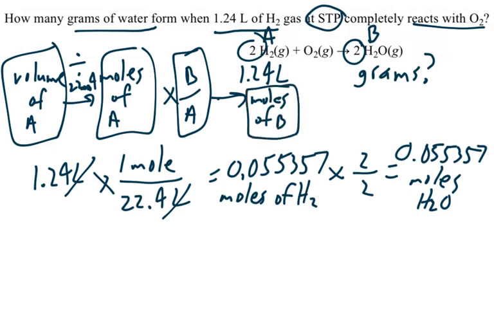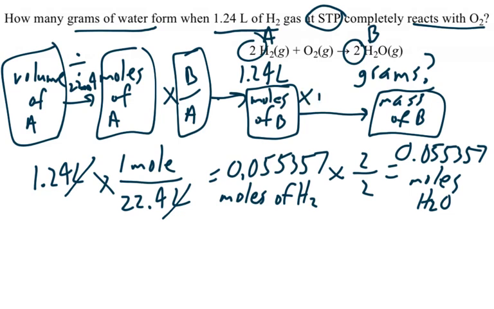And now what we're going to do is go from moles to mass of B, which is in grams. B is water. And according to the flowchart, you're going to multiply by the molar mass of B. And remember, never use coefficients to find molar mass. So the molar mass of water can be obtained very easily.